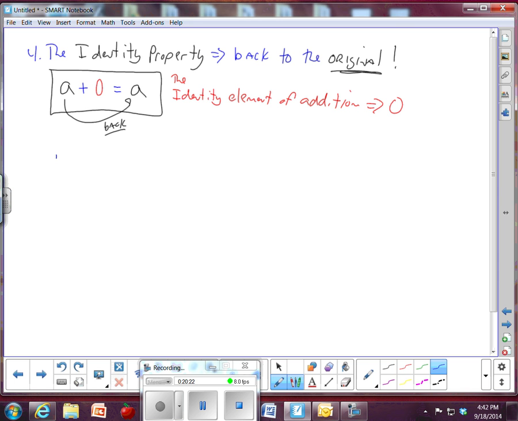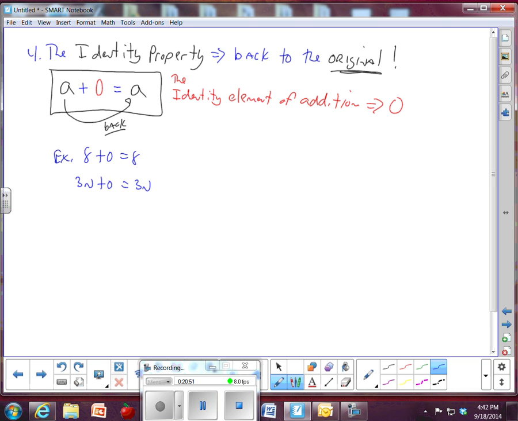And look, this is going to be true no matter what the situation. With numbers, it's easy to see, right? Again, we know 8 plus 0 is 8. But look, we can also deal with variables. 3n plus 0 has to be 3n. This is the basis of the kinds of things we're going to do to solve equations later on.